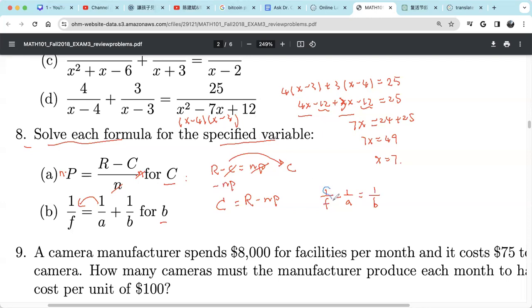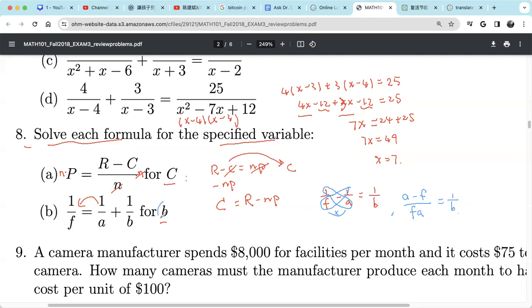I could multiply those two, multiply those two, multiply this. So what I get is F times A in the denominator. 1 times A is A, 1 times F is F. So this one becomes this one, now equals 1 over B.